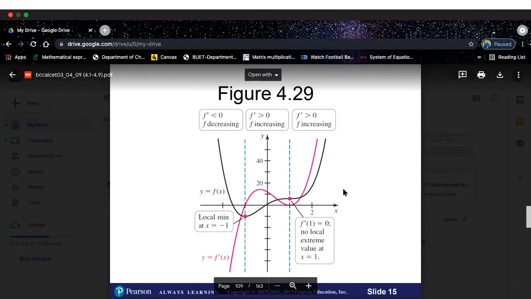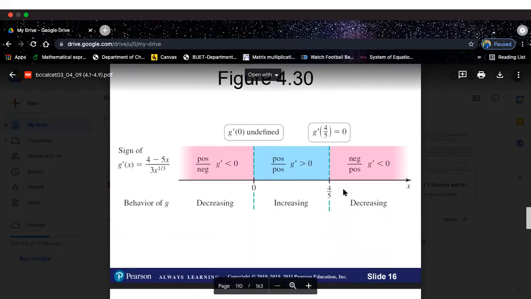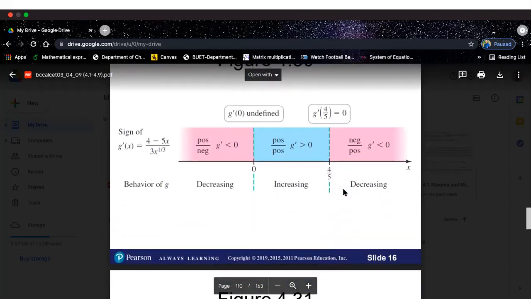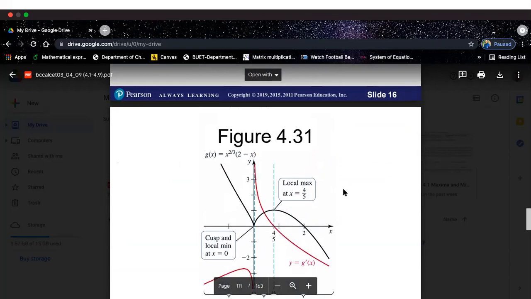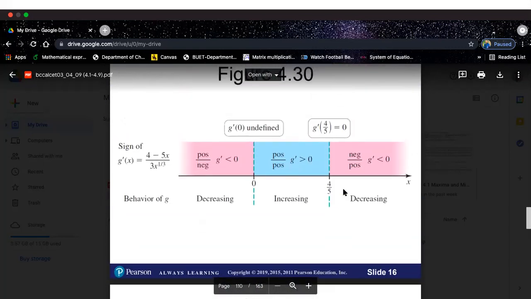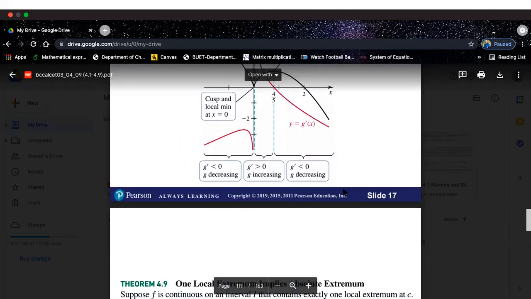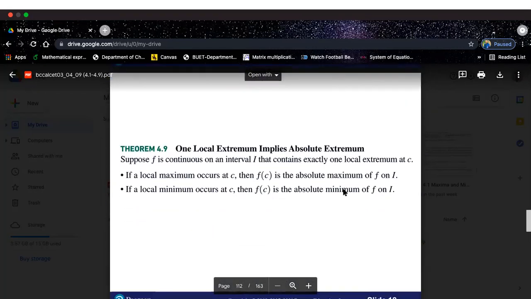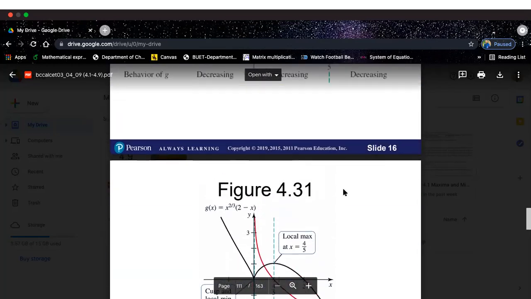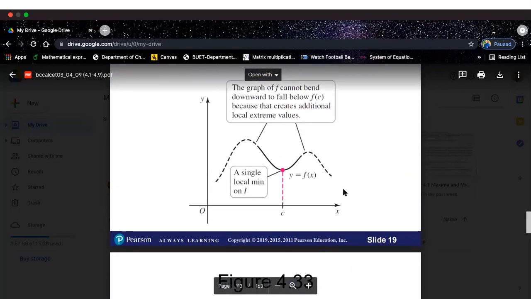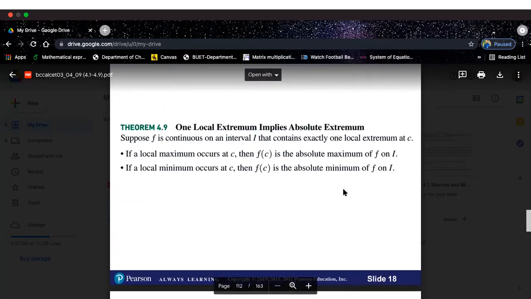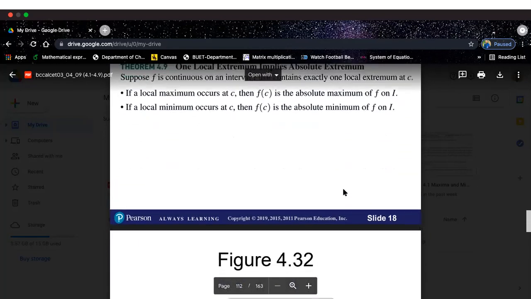Let's see how much work is left for this slide, because we just need to finish this slide today, and we'll be on course with the tentative schedule. So, okay, we have concavity. Okay, that's great.